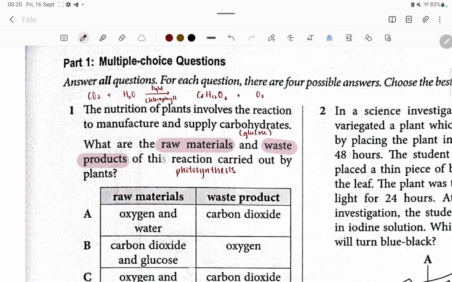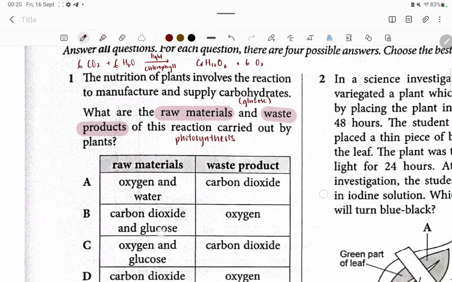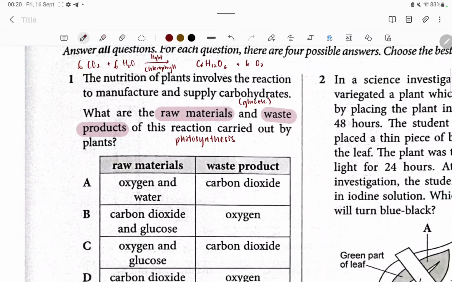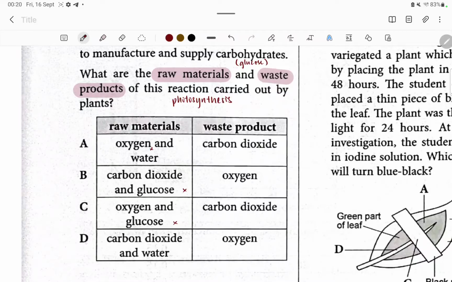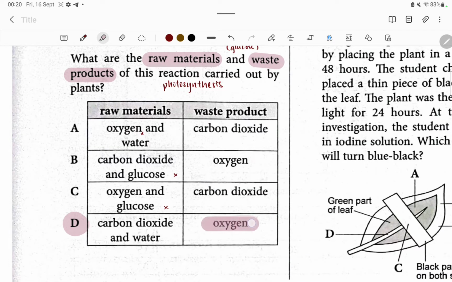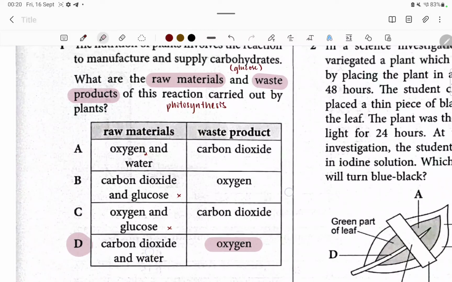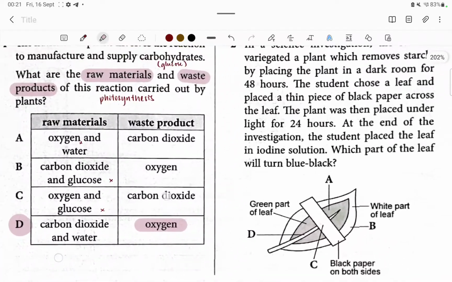And then to balance the equation, 6, 6, 6. Okay, raw materials, carbon dioxide and water. Answer should be D. And then waste product, oxygen. Oxygen is waste product for the plants, but not for us. Okay, we need oxygen.